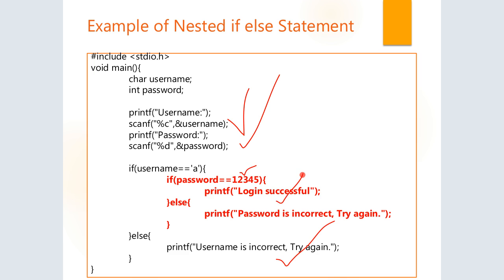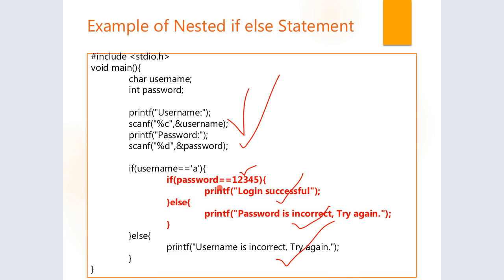If I'm building a system, then I don't only say login successful, but I say login successful and I redirect you to either the home page or the transactional page or whichever page that should move you to the next step. Okay. But now, if your username is correct, your password is wrong, we tell you password is incorrect. So the whole of password execution is a statement that primarily belongs to the username.